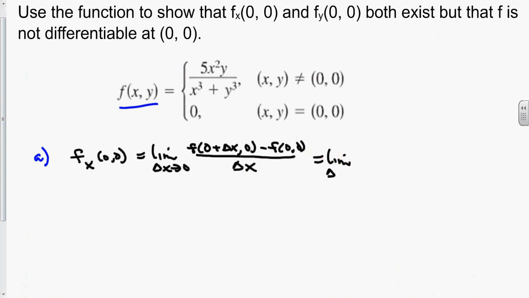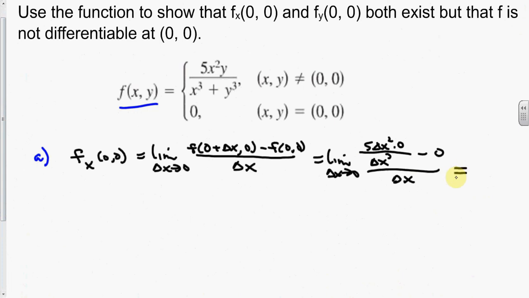This is the limit as delta x goes to 0. Here, this is f of delta x comma 0. So wherever I have an x, I write delta x. So this is 5 delta x squared times 0 all over delta x to the third plus 0. Then this is minus 0 all over delta x.